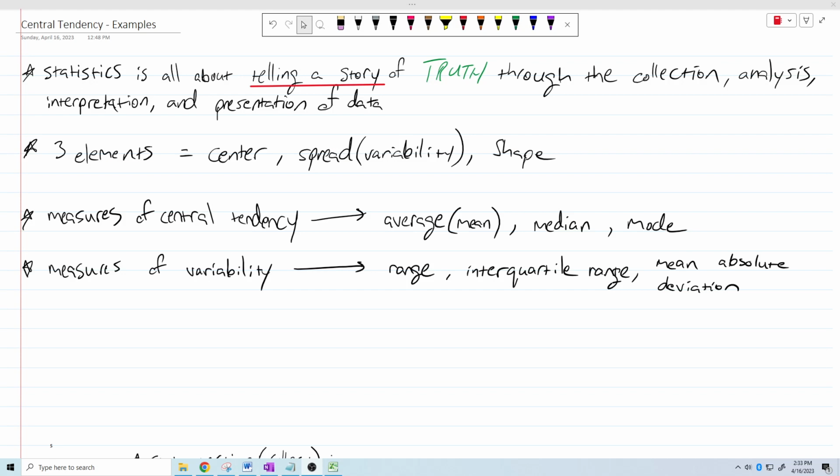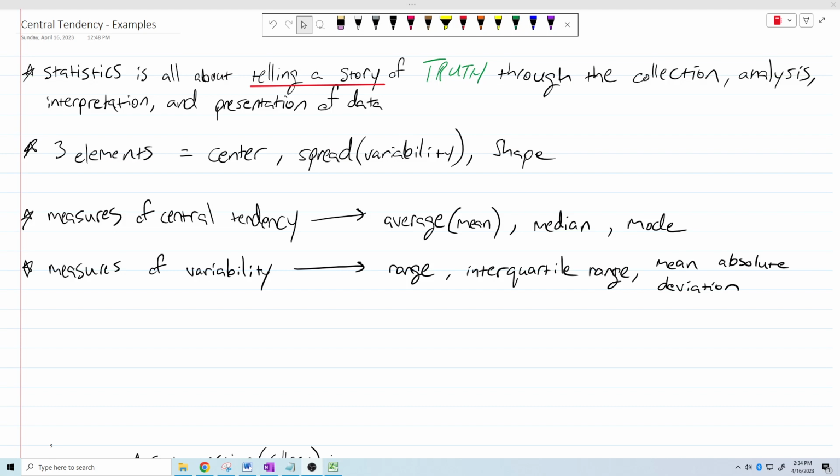Measures of central tendency include the average, or you'll see the word mean used quite often, the median, and the mode. We'll talk more about these in a second. Measures of variability include range, interquartile range, and mean absolute deviation. We'll talk more about those later.